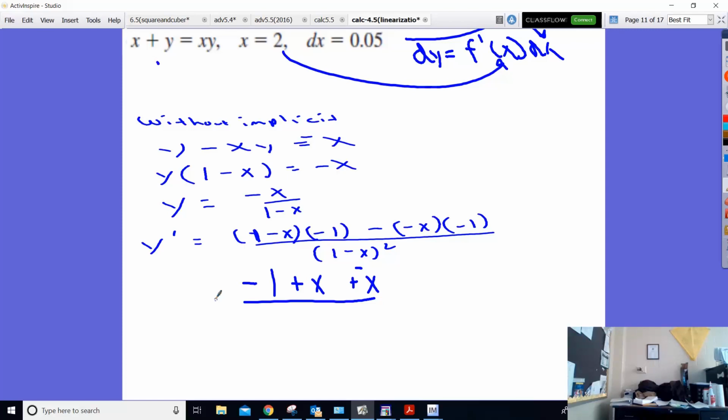I guess that's 2x minus 1. That's how you do it without. Is that negative on the answer? Yeah. And then what you just had, -1 on top. Yes, that's exactly what you have.